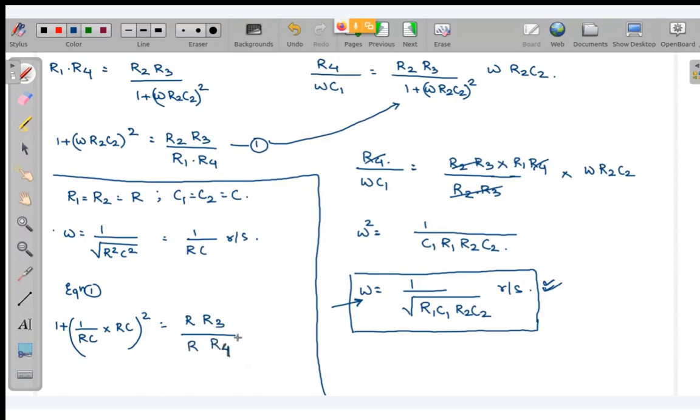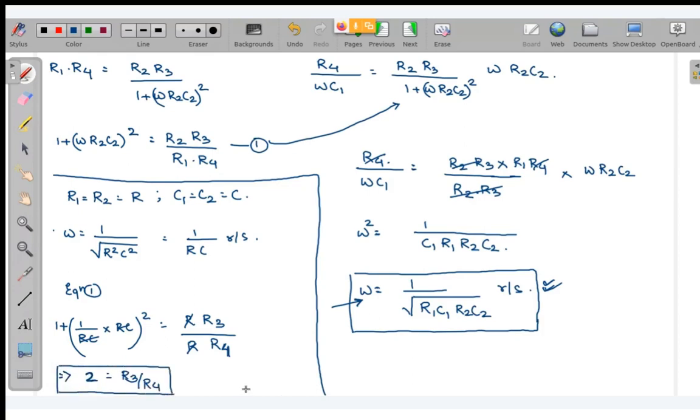So now RR gets cancelled, RC gets cancelled. So 1 plus 1 square is 2, is equal to R3 by R4. See, this is very, very important.